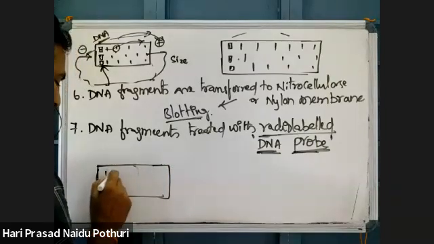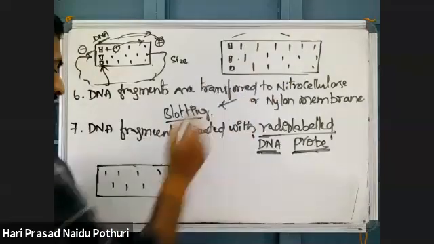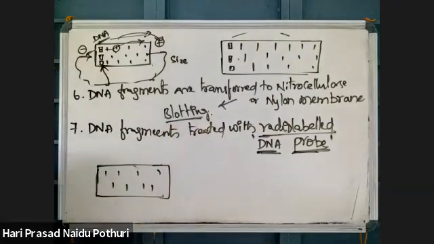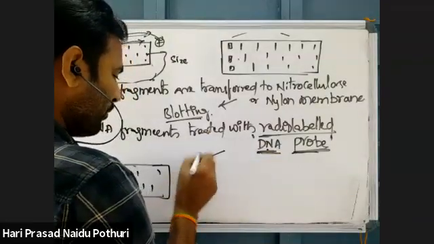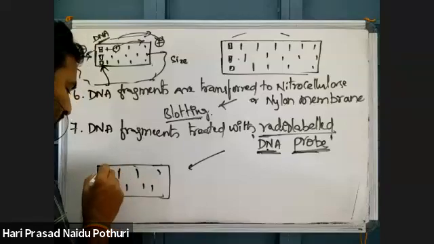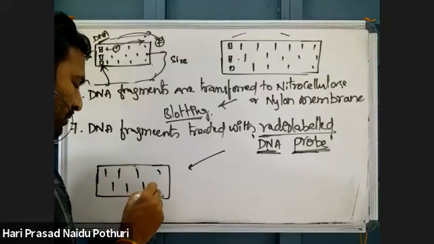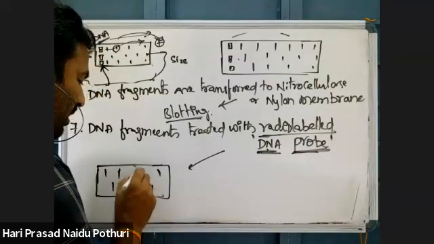Suppose this is the nitrocellulose filter paper or nylon membrane, where the DNA fragments which are present here are transferred like this. After that, DNA probes are added. Probes are already known DNA sequences.